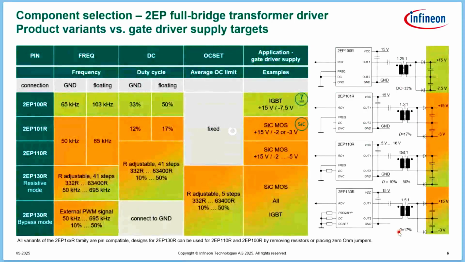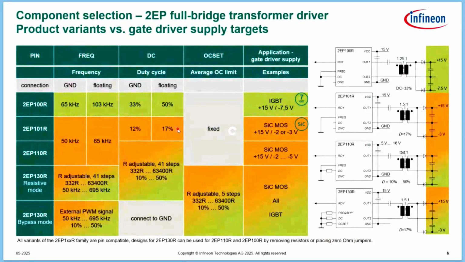So if we look into component selection, what I mentioned as a target here is that first of course, I want to convince you that you want to have the 2EP there. And therefore we have here a family of 4 variants which basically have increased complexity inside and offer in the maximum feature set an option which is fully configurable in many of the parameters. And you see in this table the parameters up here. We have a different kind of switching frequency for various variants.